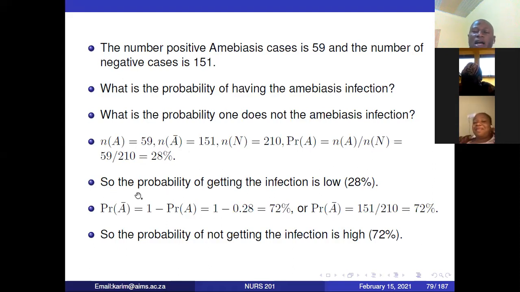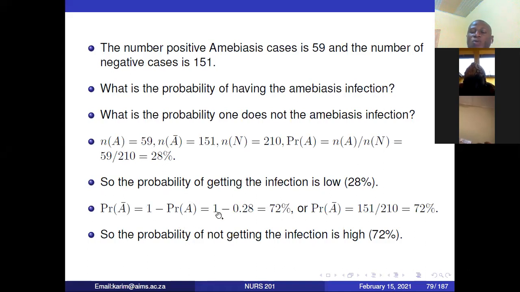Now let's look at the other way around: the probability that one does not have an infection. If we know the probability that one has infection, the probability that one does not have the infection is 1 minus the probability that one has the infection.